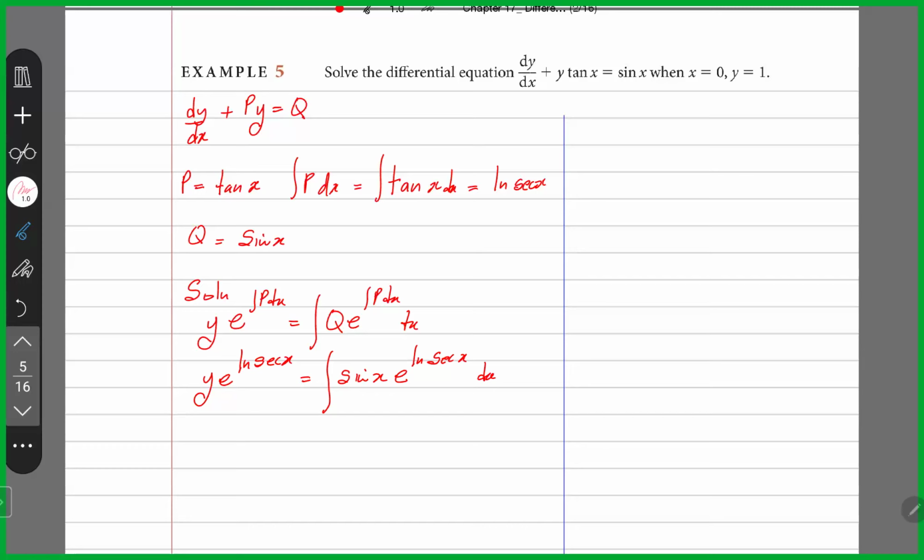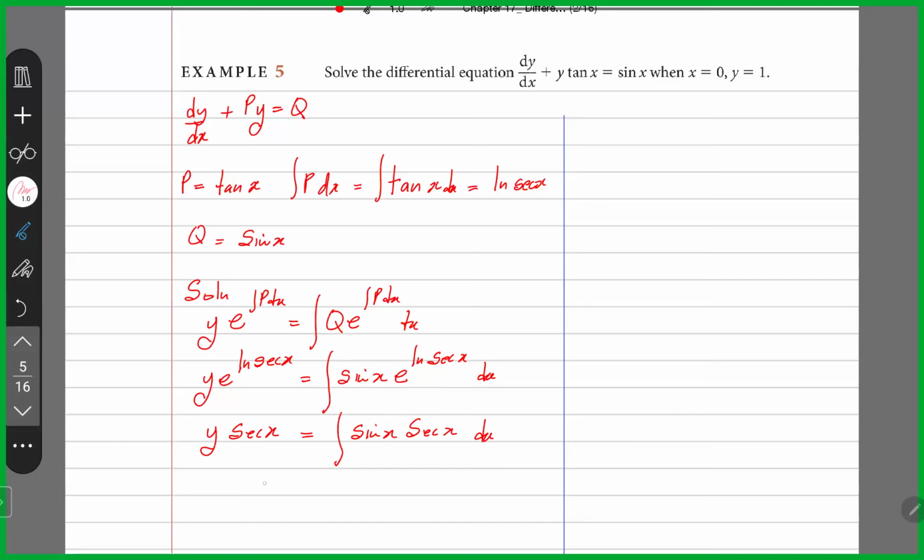But e to the ln sec x is just sec x. So this is y sec x is equal to the integral of sine x sec x dx. Sec x is what? 1 over cos.